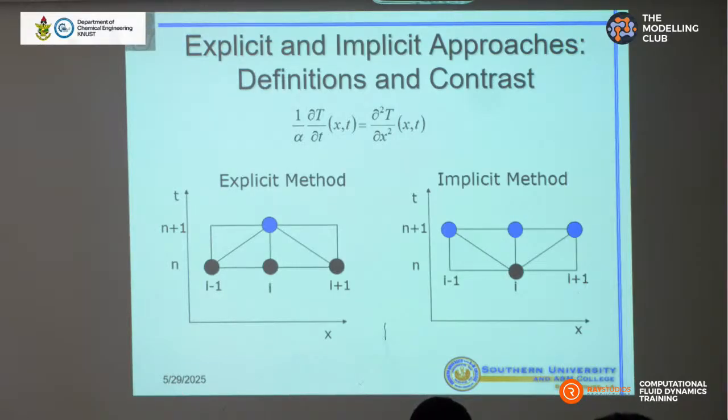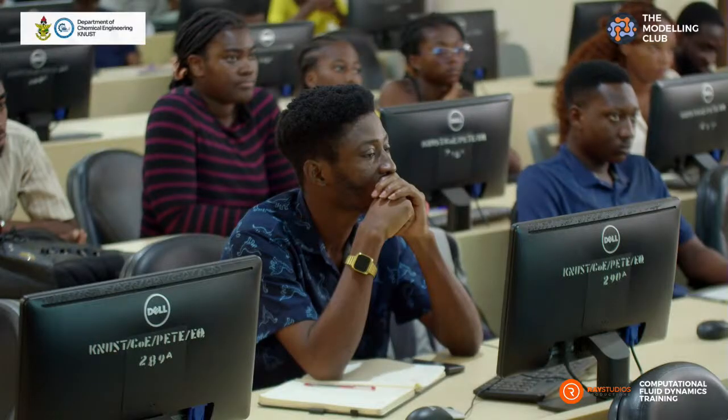Whereas in the implicit approach, you only have one known value at i, and that one known value results in 3 unknowns that you need to solve for.